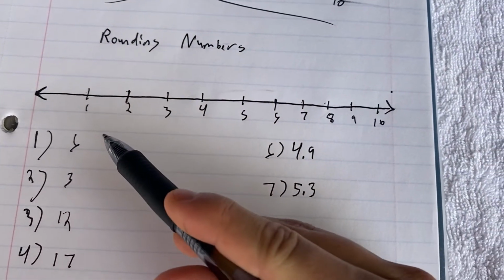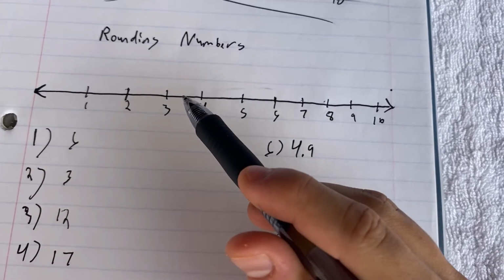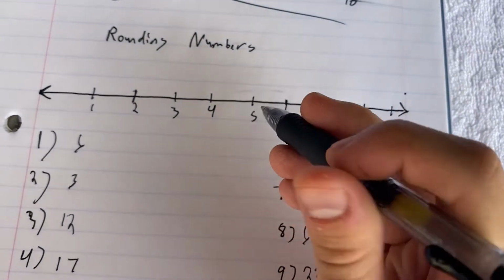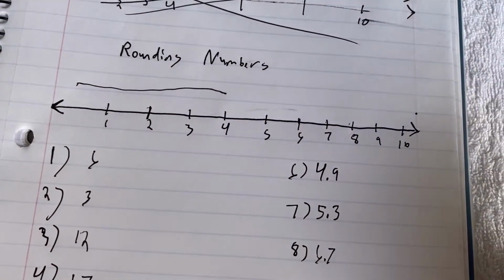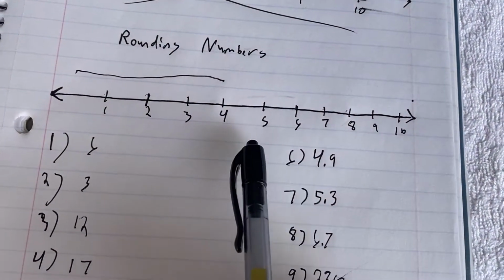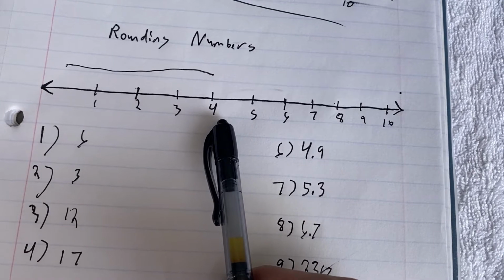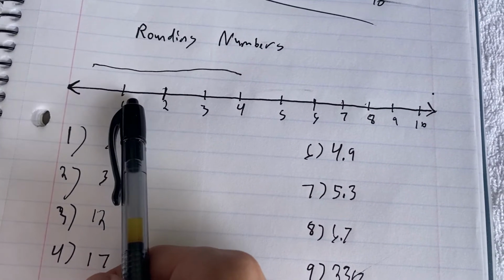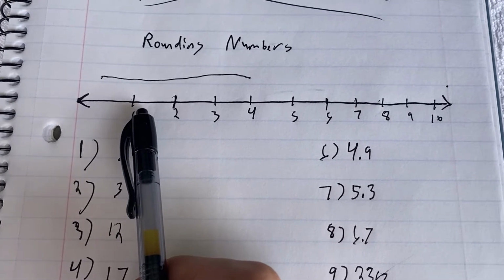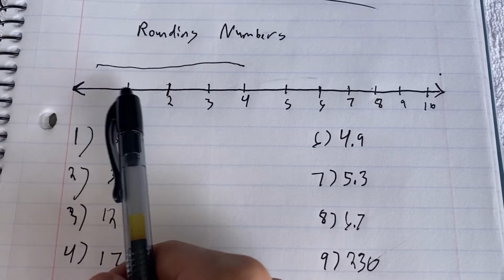So, from 1, 2, 3, 4, you will be going this direction. Whenever you are at 4, if you're rounding numbers, you're going to go down to 0 or 1, depending on the rule. However, for this rule, we're going to go to 1.